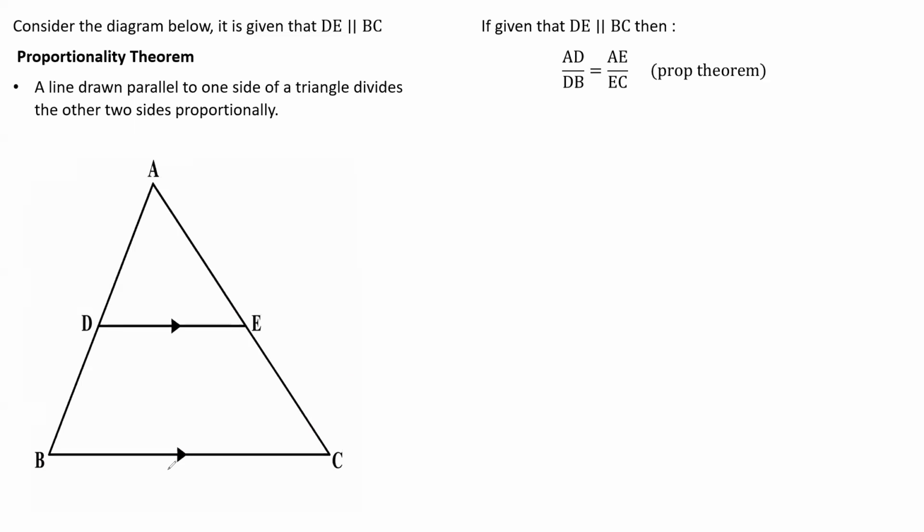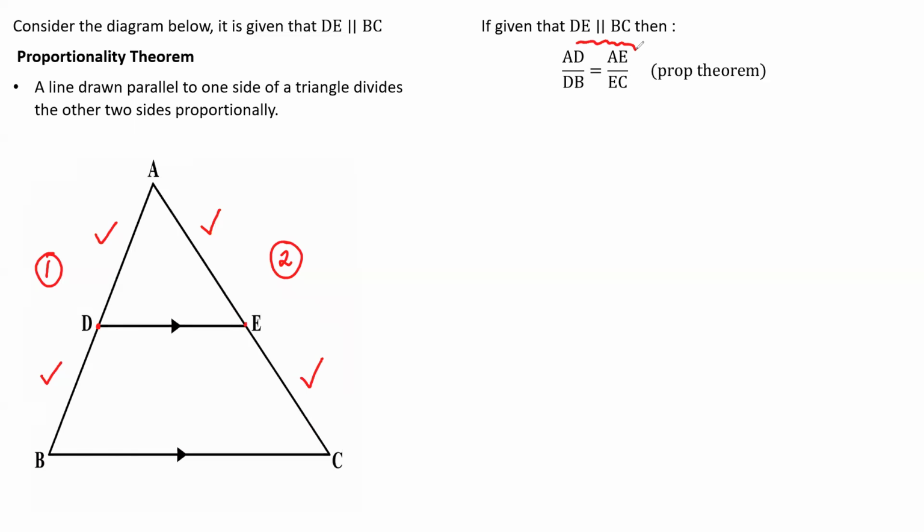DE parallel to BC. So DE divides the other two sides in proportion. AD over DB. What you do on one side, you do on the other, is equal to AE over EC.